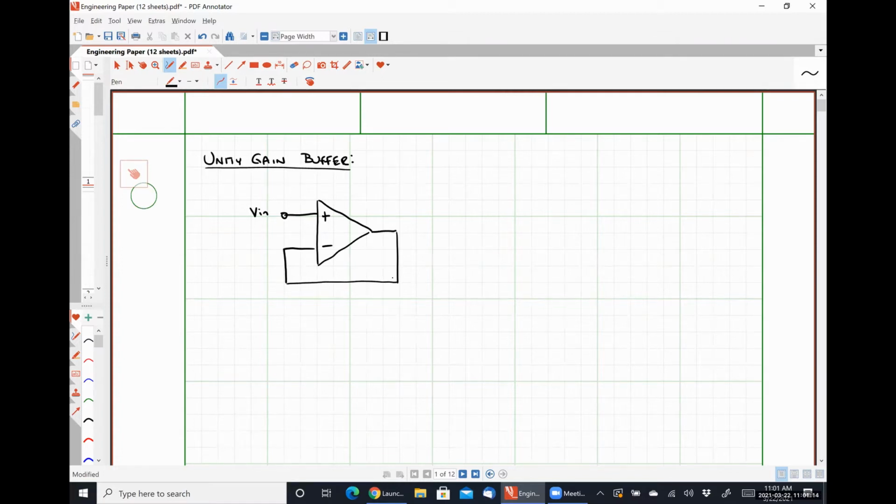It's literally just a wire that connects our inverting input to our output, and we measure our output voltage signal at the output pin of the op amp.